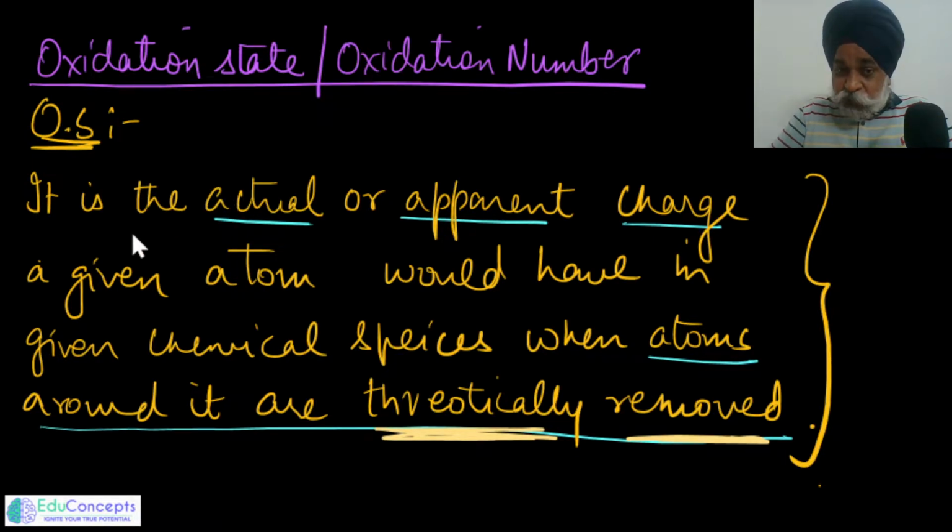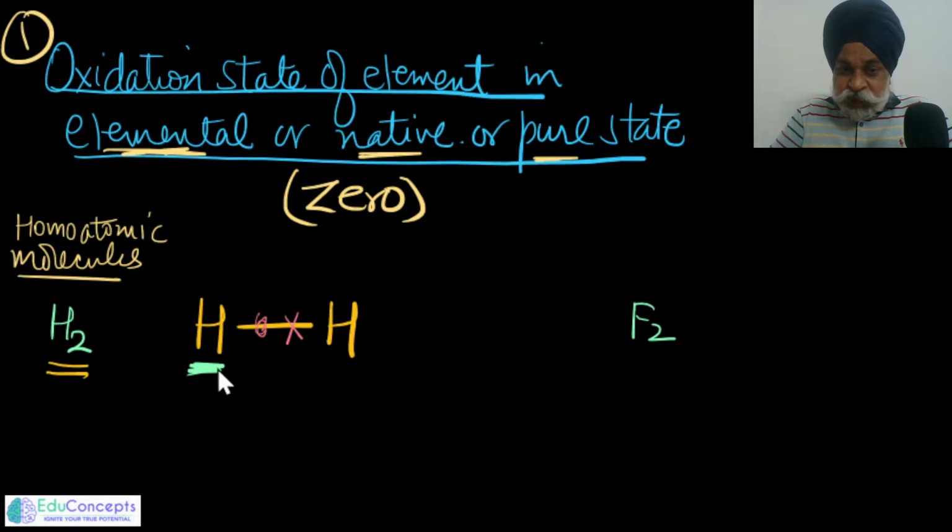So we will be saying, the apparent charge which this hydrogen atom would receive when atoms around it are theoretically removed. Now this is the hydrogen around which we wanted to find the oxidation state, and it would get an oxidation state only if the atoms around it are theoretically removed. Now the point here is it is attached to hydrogen itself. So the theoretical removal could be homolytic or heterolytic, because both have the same electronegativity, the bond gets broken from here.